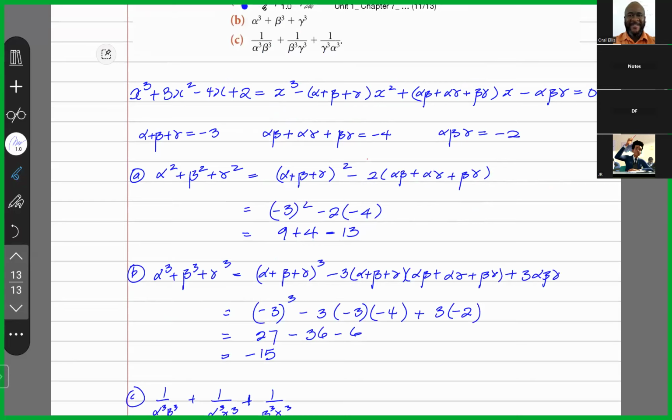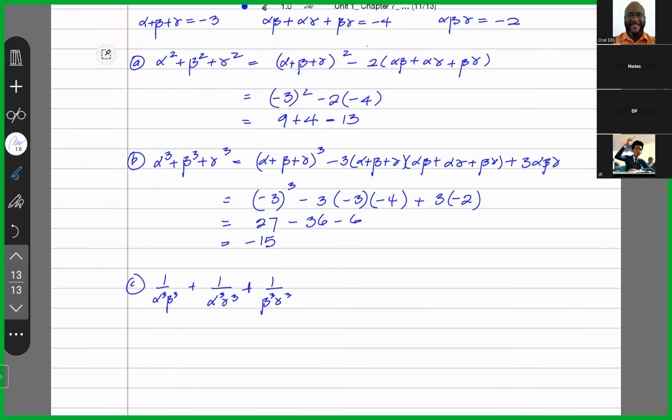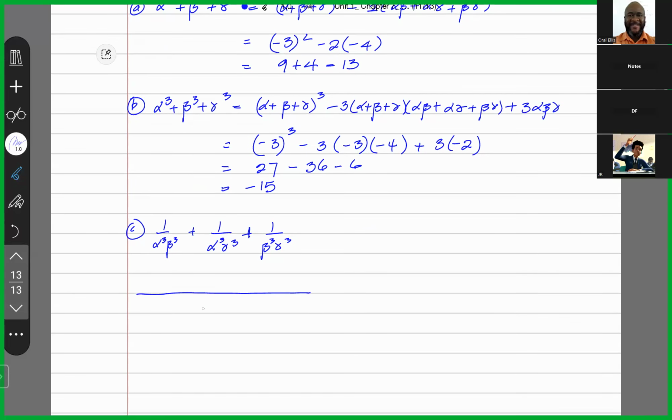Yeah, essentially that's what they're asking us for. The LCM is alpha cube beta cube gamma cube. So what we have up top is alpha cube, gamma cube. Here we have beta cube. And here we have alpha cube.